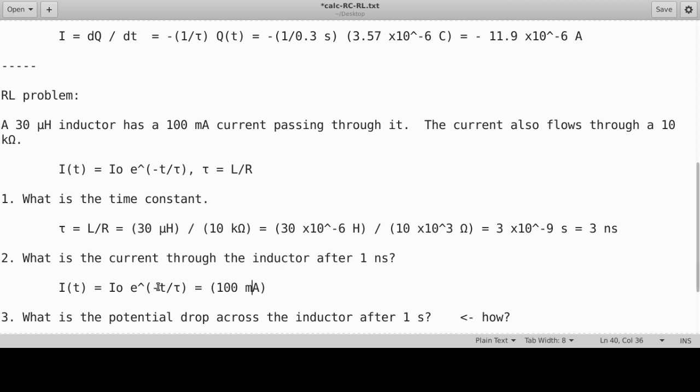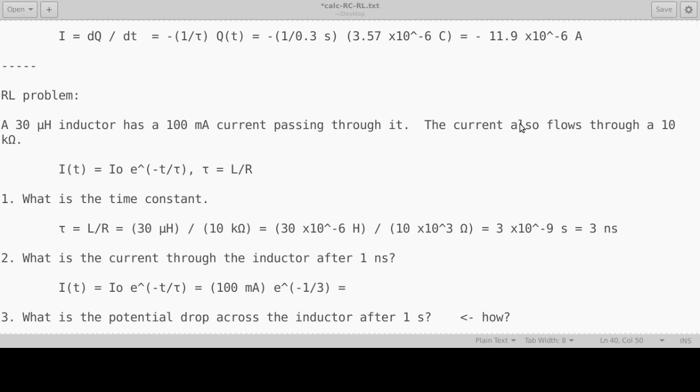It's when you have things that divide that the units have to work out. Here it's going to be e to the exponent negative t, where we're waiting 1 nanosecond, divided by the time constant, which is 3 nanoseconds. The nanoseconds on top and bottom cancel. And what's that going to equal? Well, let me do it on the calculator.